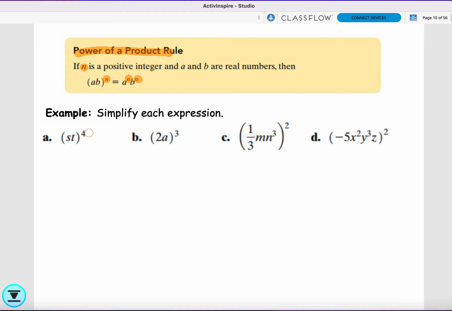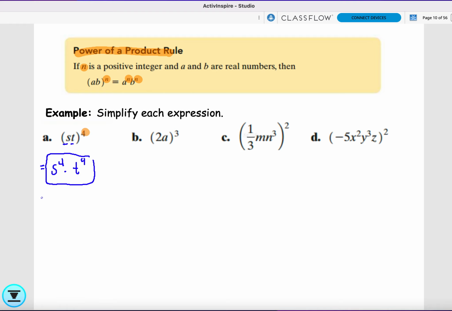So look at A. We have st to the fourth power. That tells us that everything in here is going to get the same exponent. So st to the fourth power equals s to the fourth power times t to the fourth power. We cannot simplify anymore, so that's the lowest we can go. We're done.